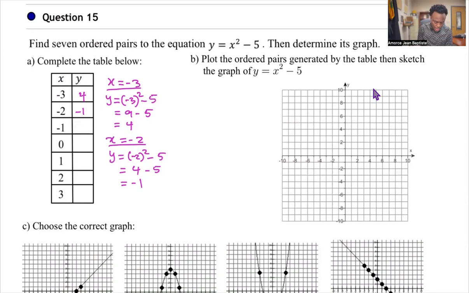Let's see for x equals -1, y equals -1 squared minus 5. That is 1 minus 5. That is -4.